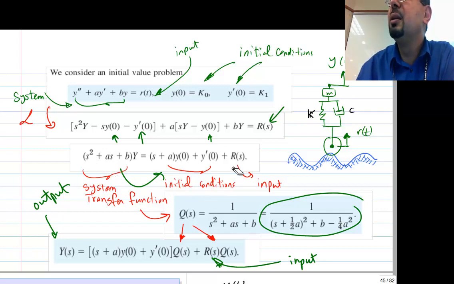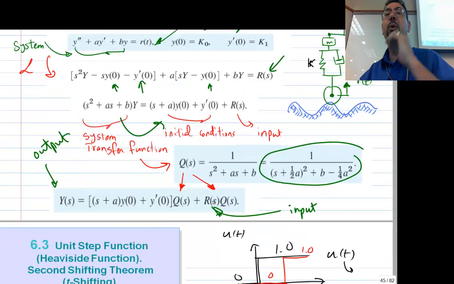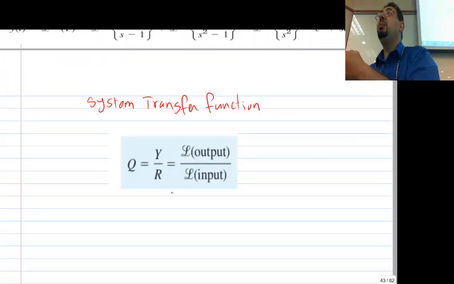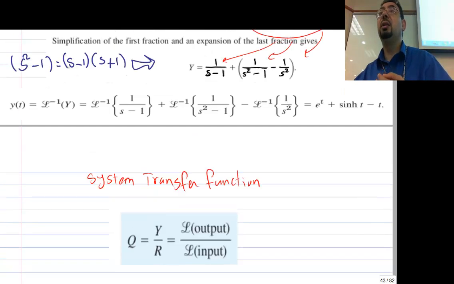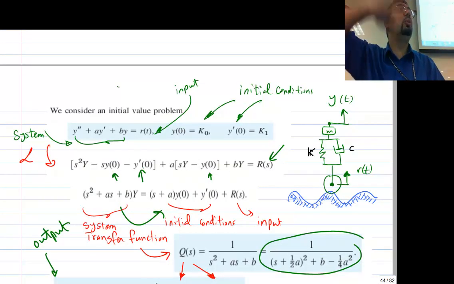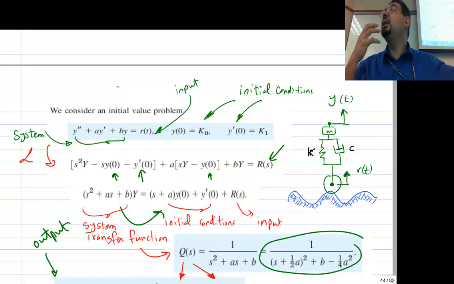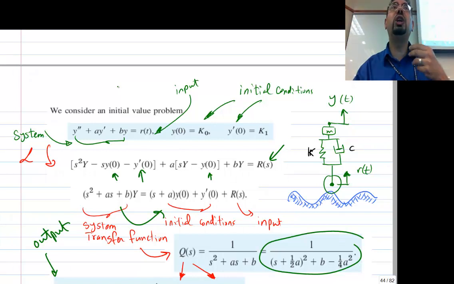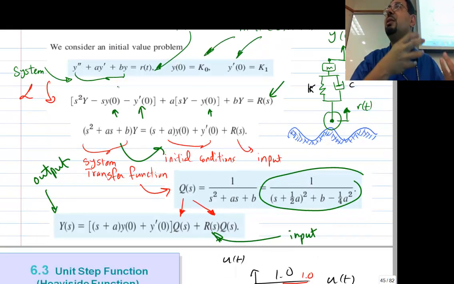Okay? So the beauty of something like this is that for any input, whether someone is giving you an impulse or a ramp input or a step input, you have the solution always in the S domain just by multiplying. That transfer function will not change with different input. It's a function of the system.